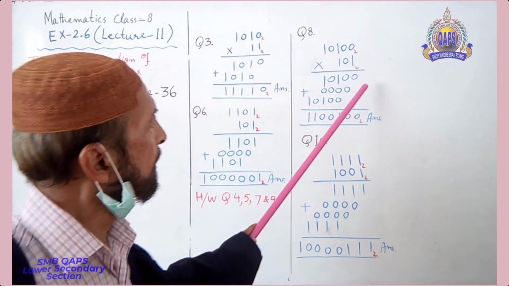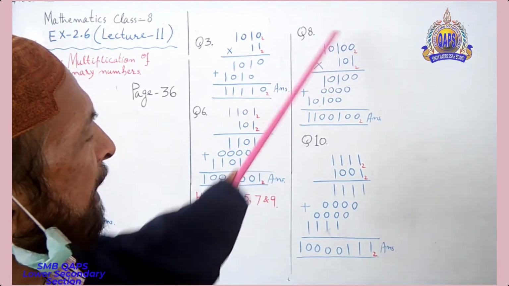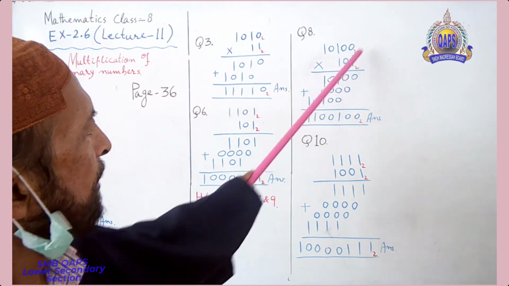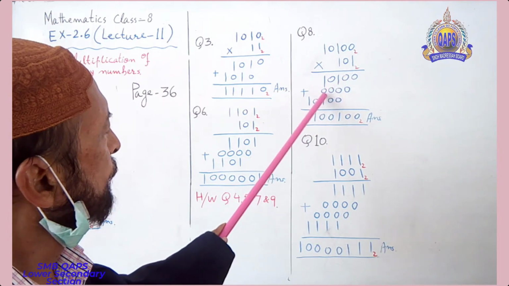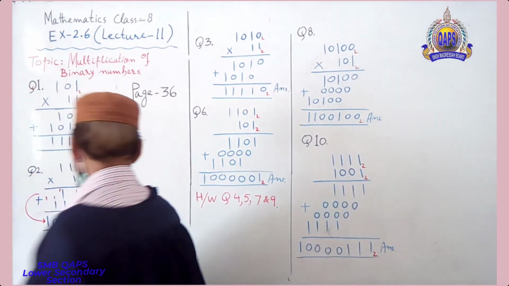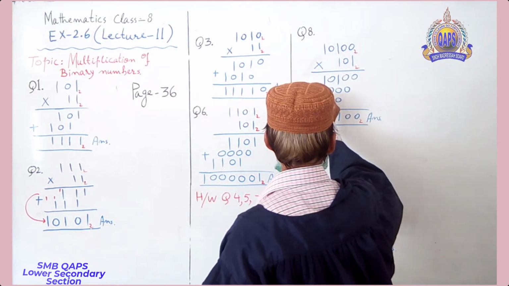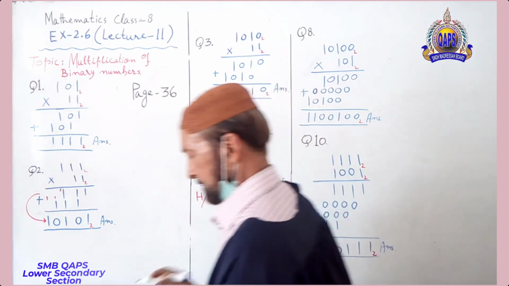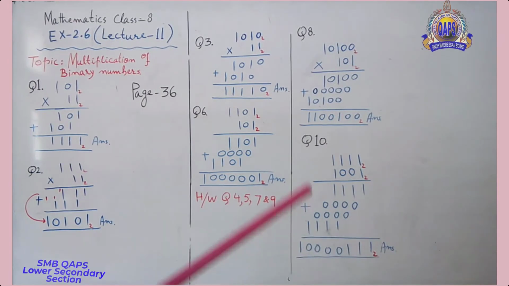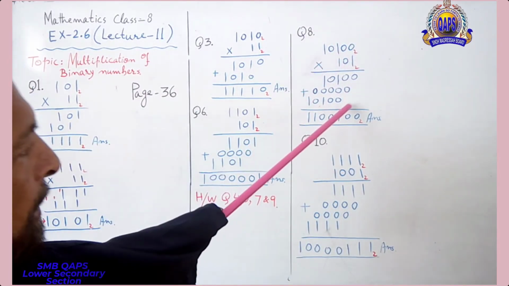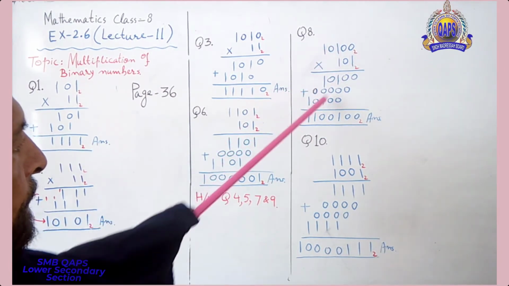Leave it blank and multiply by 0. 1, 2, 3, 4, 5. 1, 2, 3, 4, 5. 1, 2, 3, 4. One more. Now multiply by 1. 1 zeros are 0. 1 zeros are 0. 1 ones are 1. 1 zeros are 0. 1 ones are 1.